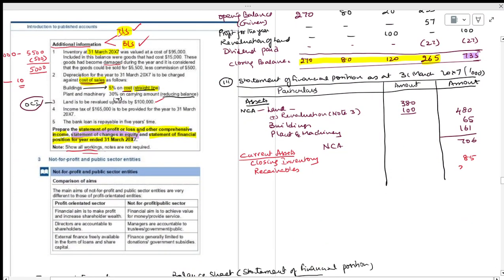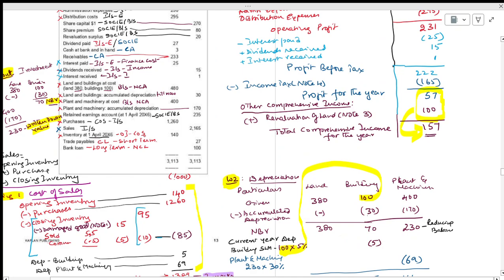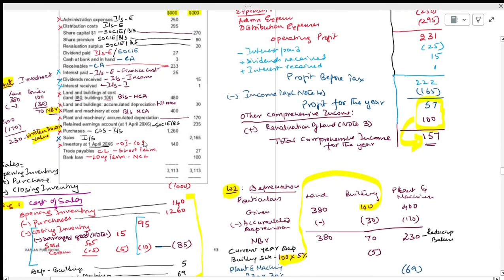What is cash in hand and cash at bank? Cash in hand is 3, cash at bank is 3. Okay, good.